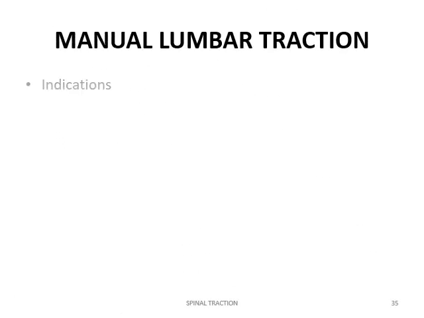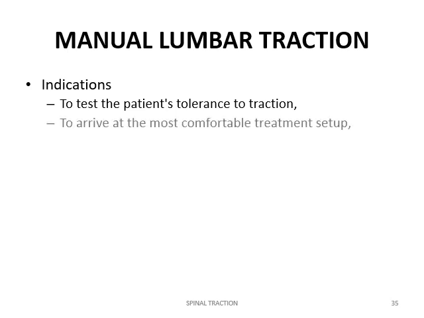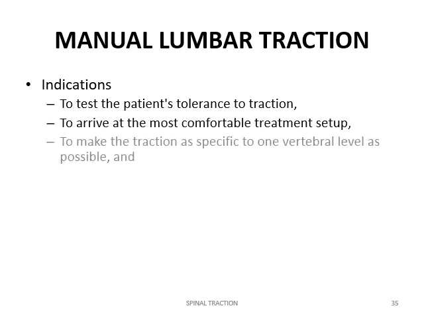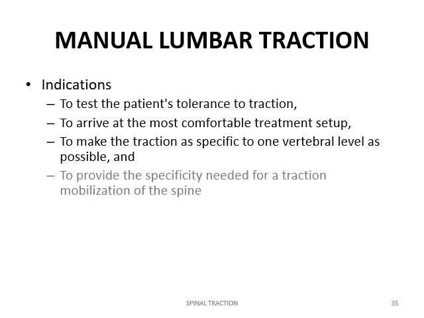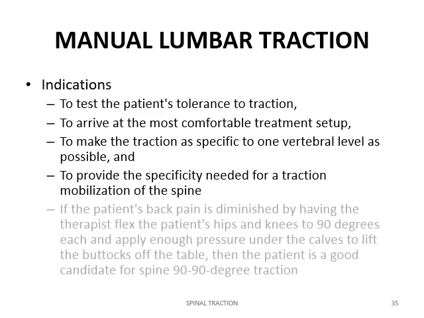Manual lumbar traction is used for lumbar spine problems to test the patient's tolerance to traction, to arrive at the most comfortable treatment setup, to make the traction as specific to one vertebral level as possible, and to provide the specificity needed for a traction mobilization of the spine.